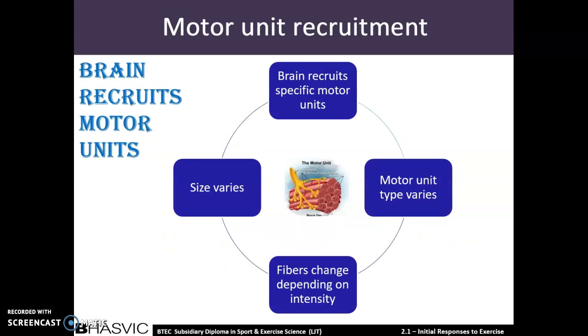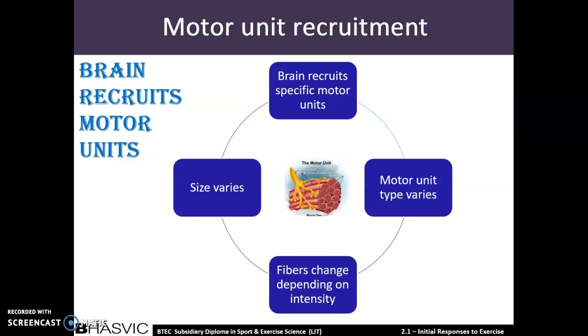A sporting example of motor unit recruitment would be in a football environment. At the beginning, when running around, the motor unit recruitment will recruit the slow oxidative muscles, as these are the most useful when needing a lot of oxygen over a long period of time.